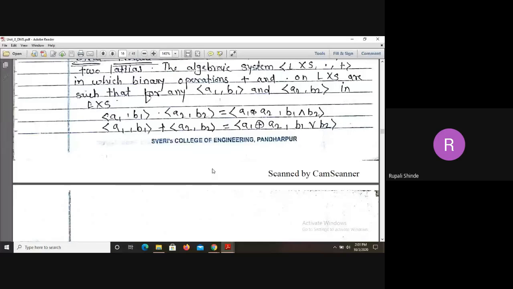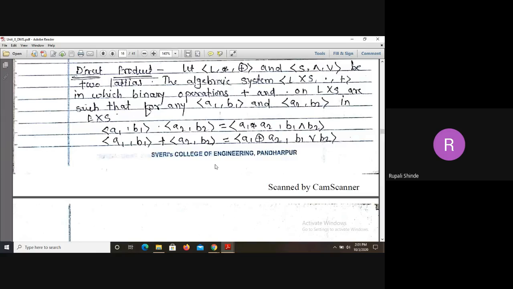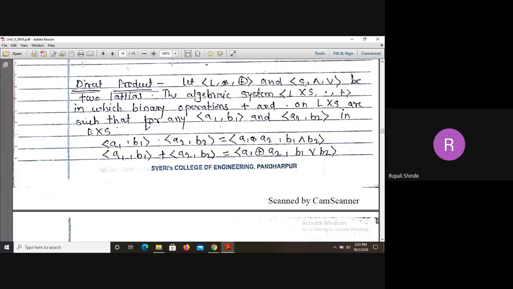Now we will see how this direct product is calculated. L and S are the two lattices, and now we have to take the direct product.